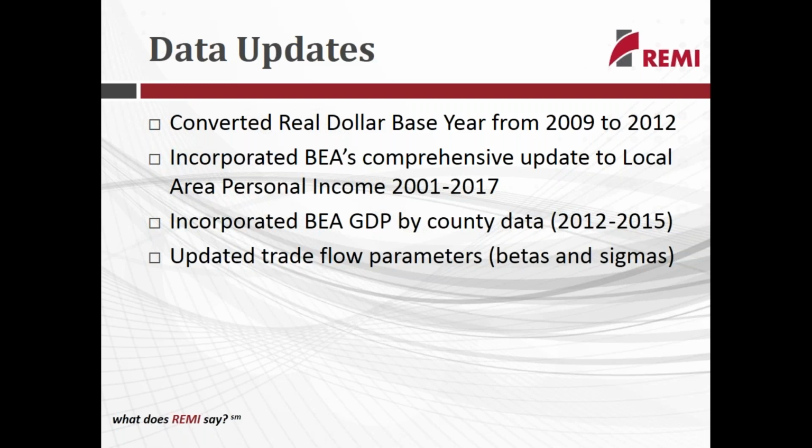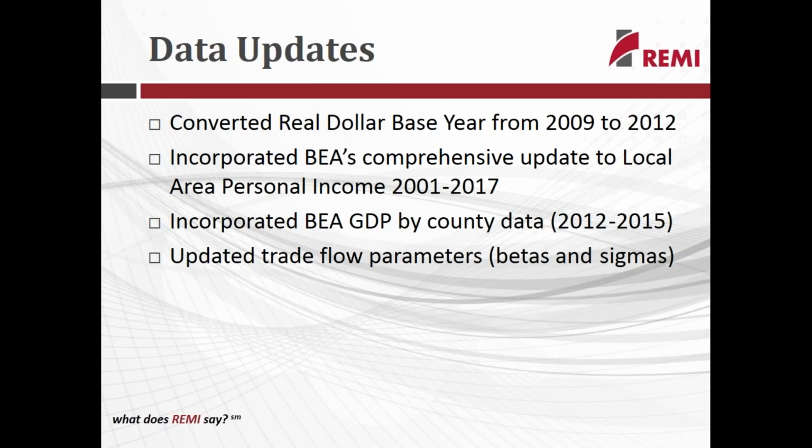There's a significantly smaller amount of aggregation that they've had to do. They're able to report down to a smaller level of detail the county level incomes that we see in the model. So that's significantly improved the quality of the data we're able to deliver.